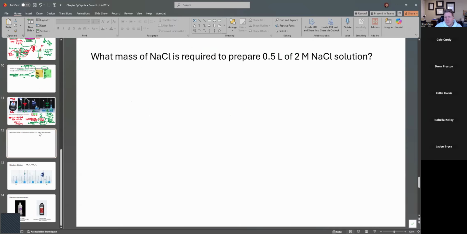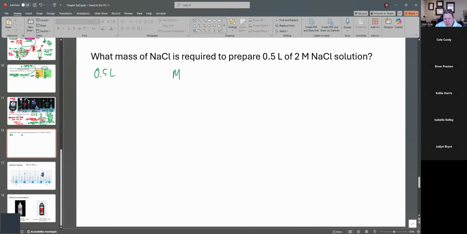What is the mass of NaCl required to prepare 0.5 liters of 2 molar NaCl solution? Okay, so here what we have is a tricky question. This one's kind of like, we're starting here, we're going there, but then we're going to end up back here. You couldn't see any of my hand motions, but that's what it is. So our volume, we need to make 0.5 liters.